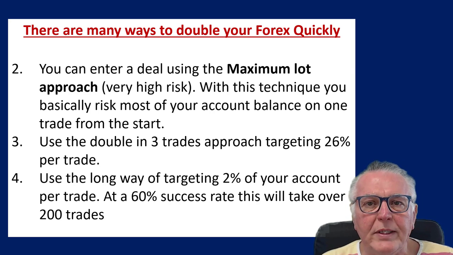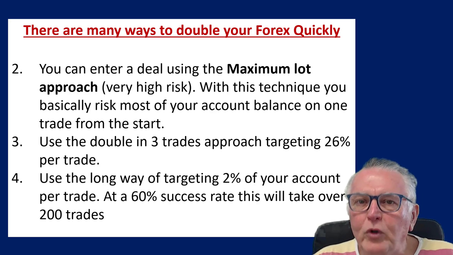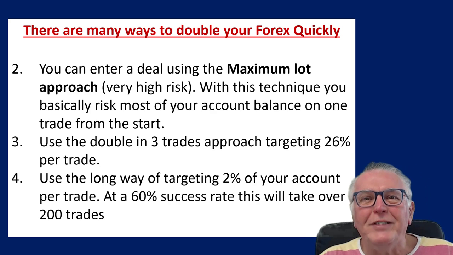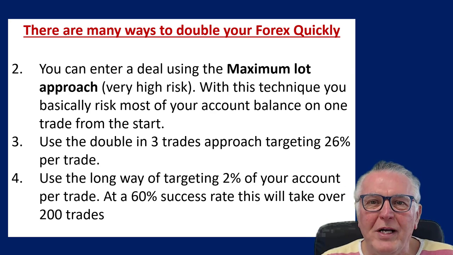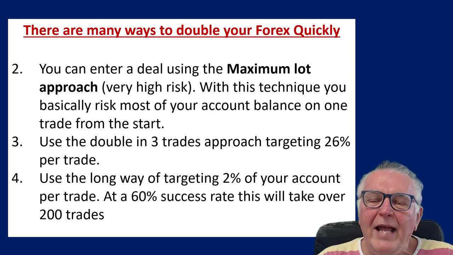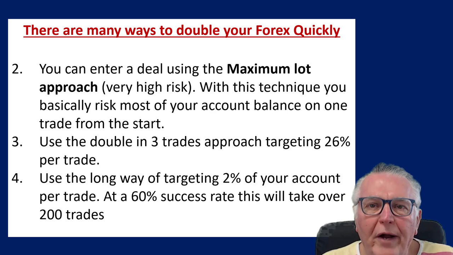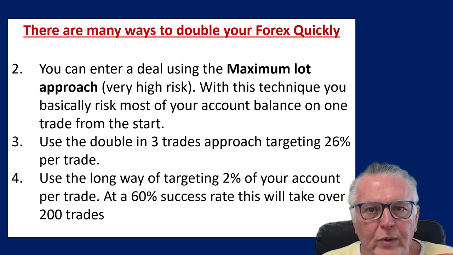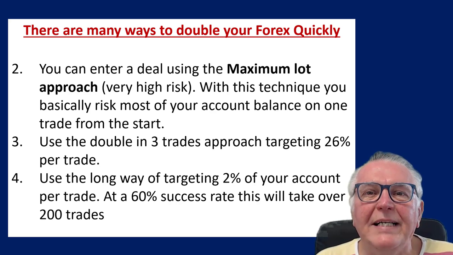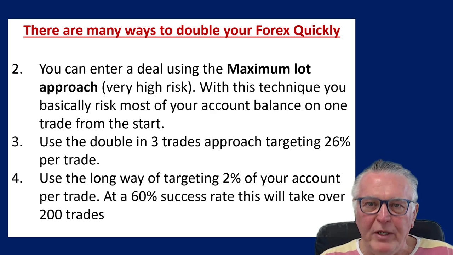And then the more traditional way is where you risk, let's say, 2% of your account on every single trade. And the problem with that one is if you have a 60% success rate, it's going to take you over 200 trades to double your account. So with that background, let's have a look at doubling your account in one trade.